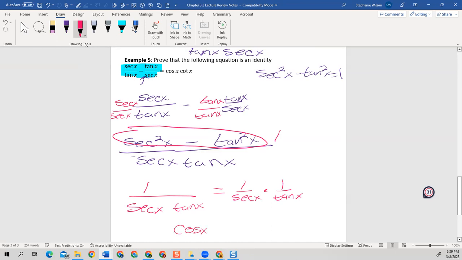And 1 over tangent x, I know is cotangent x. So that is my answer. So true, it is an identity. Any questions? Nope.